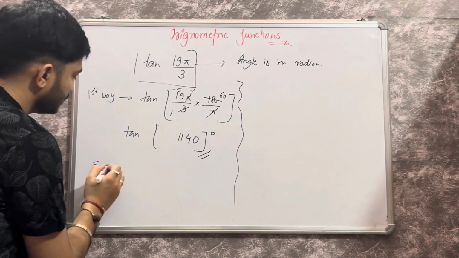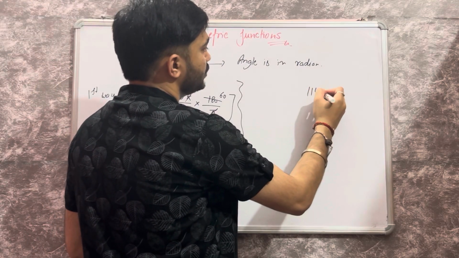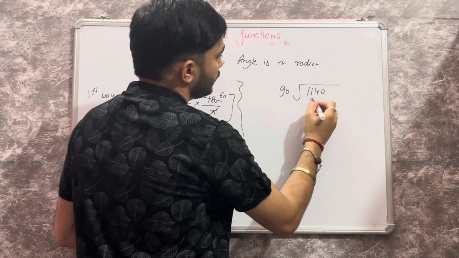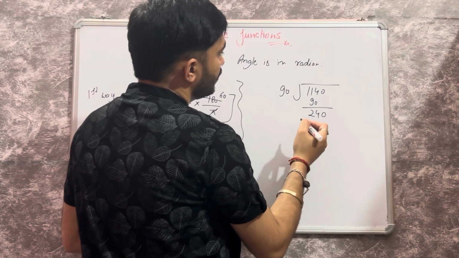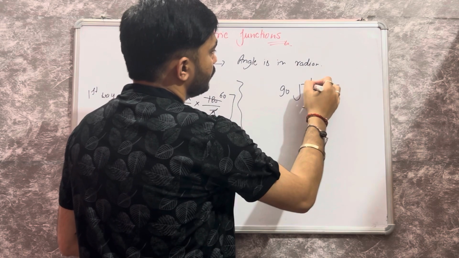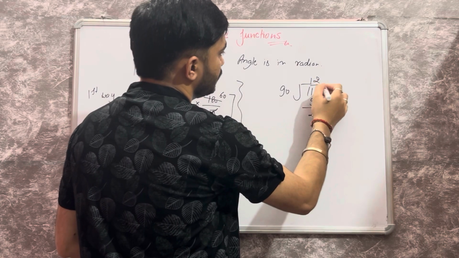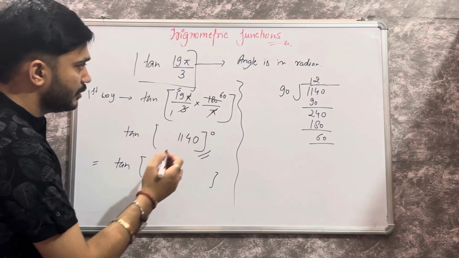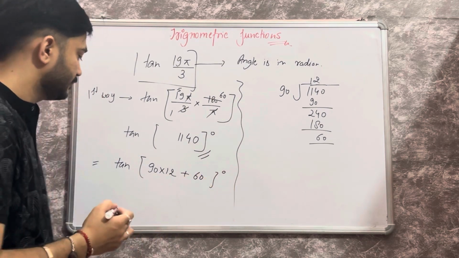How are we going to solve this? Tan 1140 degrees. Divide this 1140 by 90. After dividing it by 90 we are left with 12 and the remainder 60. So 90 into 12 plus 60 degrees.